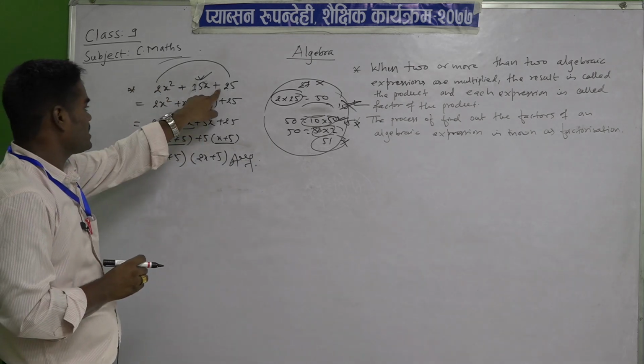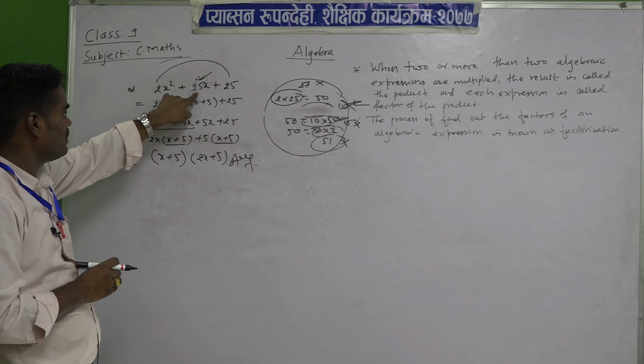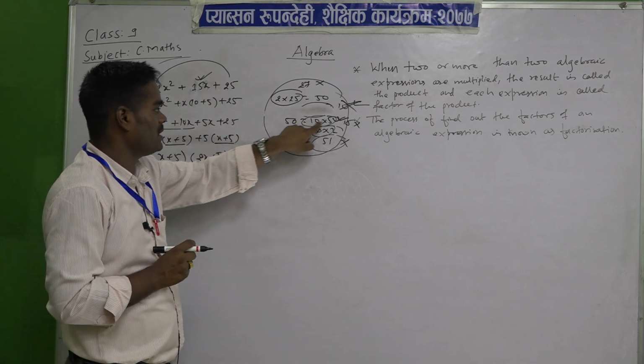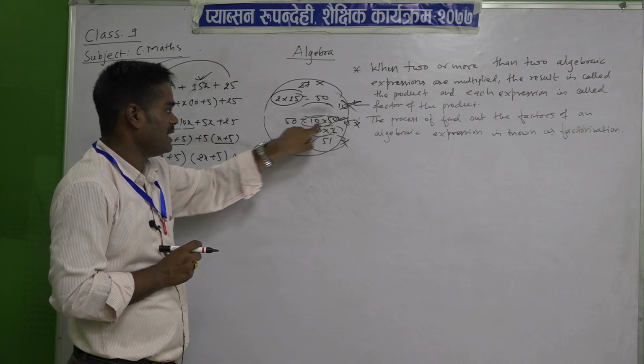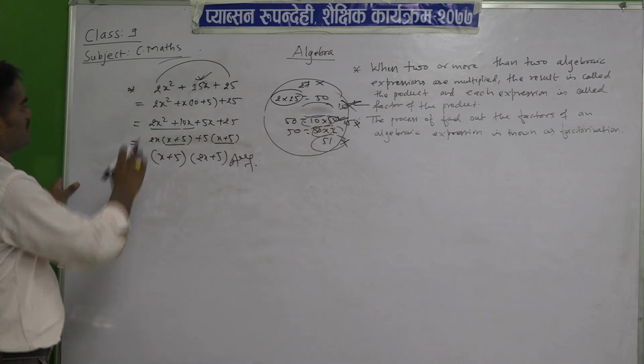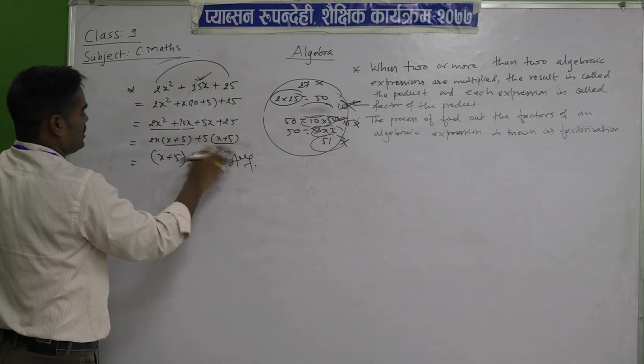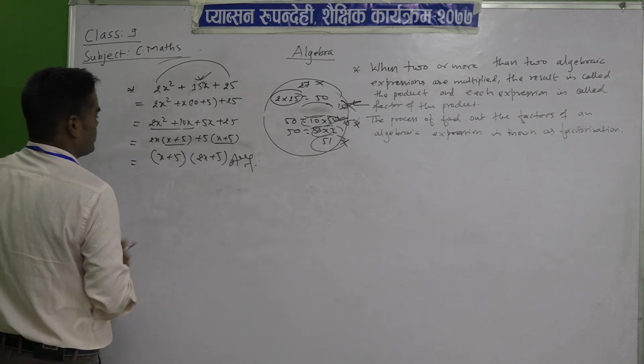So, here is the plus sign. So, by adding the factors we have to get 15. 10 plus 5, 10 into 5 is 50, and 10 plus 5 means 15.